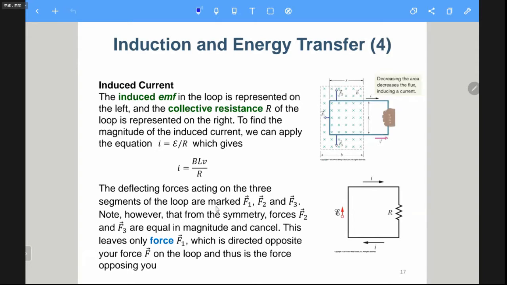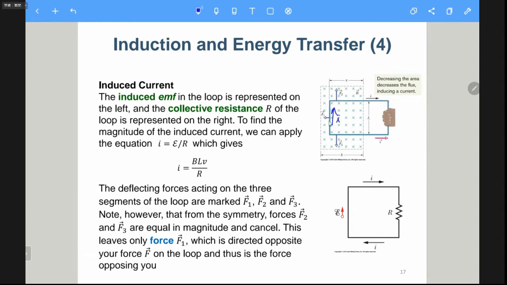And actually, the three segments of the loop are marked with F1, F2, F3. If you move the loop like this, there will be a force pointing to this side, because we have the I pointing upward here. Let's see why the I is going in this direction.